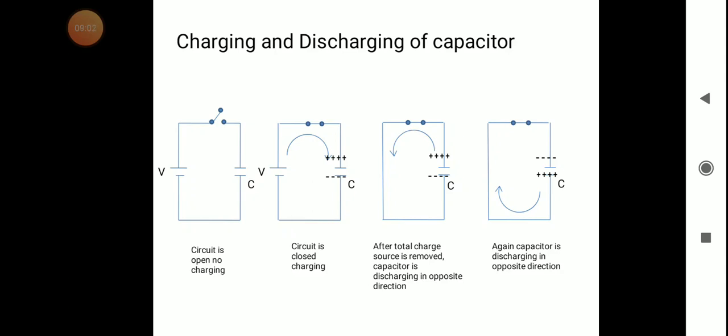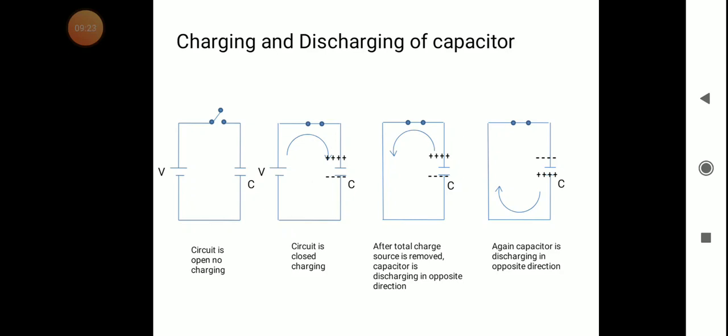When the switch is closed, the positive charges from the positive voltage reach the capacitor plate, and negative charges reach the negative terminal of the applied voltage onto the second plate of the capacitor.